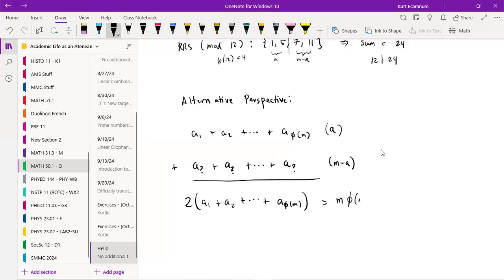So phi times M. And so this sum would be M phi of M over 2, yan. And so when you modulo M this term on the right, it gives you 0.